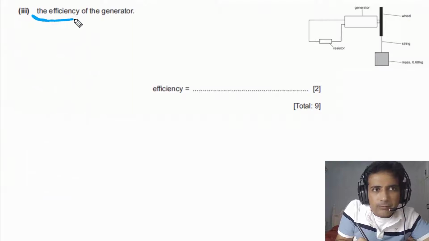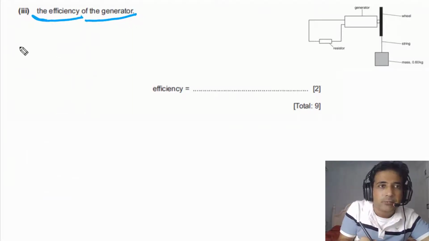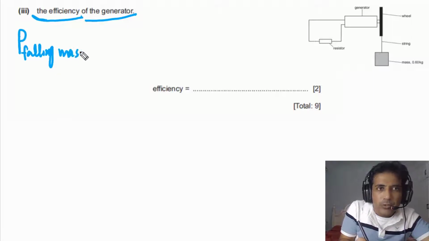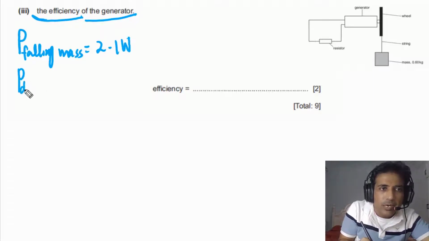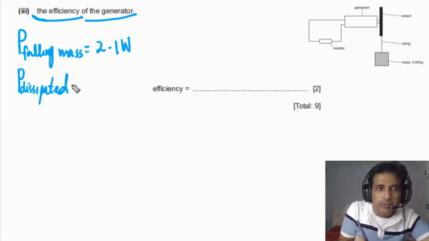For the last part, we need to calculate the efficiency of the generator. But in the previous parts, we have calculated the rate of work done by the falling mass. So P of falling mass we have calculated, that was equal to 2.1 watts. We have also calculated power dissipated in the resistor, and the value of that was 0.38 watts.